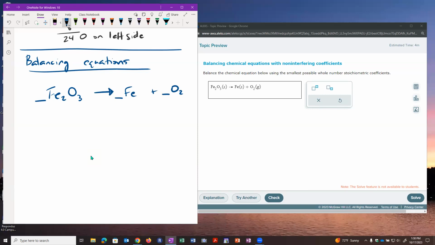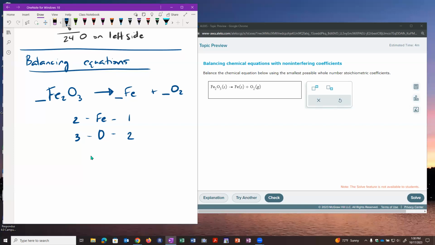All right, and then I'm going to list each of the atoms that I have. So I have iron and oxygen on the left side and on the right. And I'm just going to count now, just like we did in the previous question, how many of these we have. So on the left side here, we have 2 irons and 3 oxygens. On the right side, we have 1 iron and 2 oxygens.